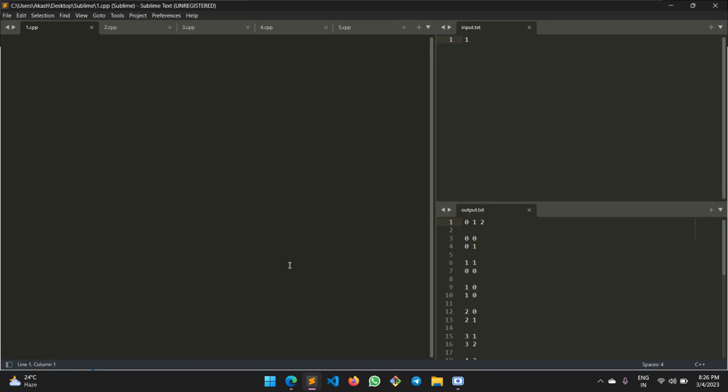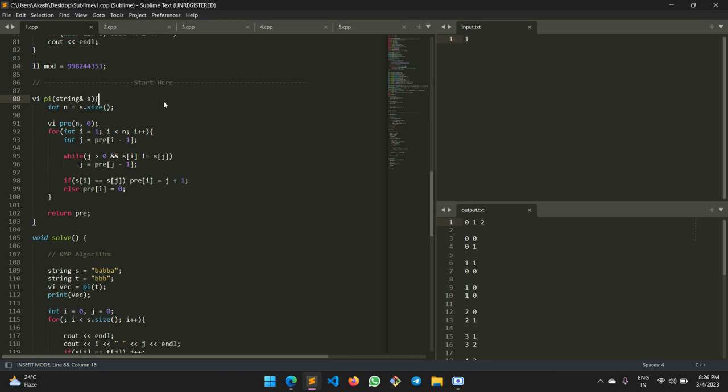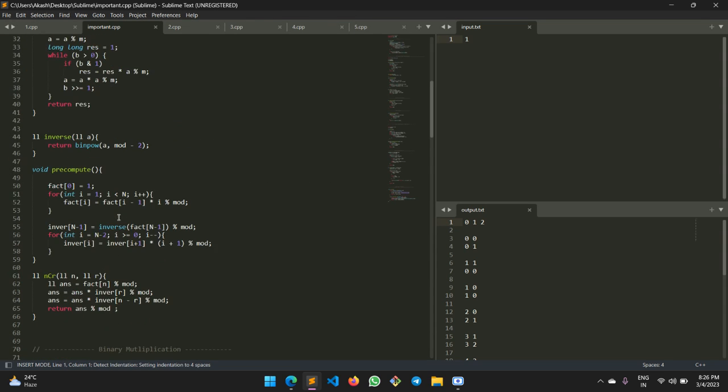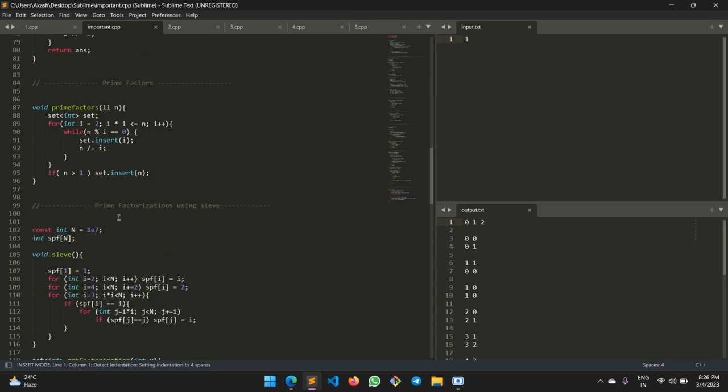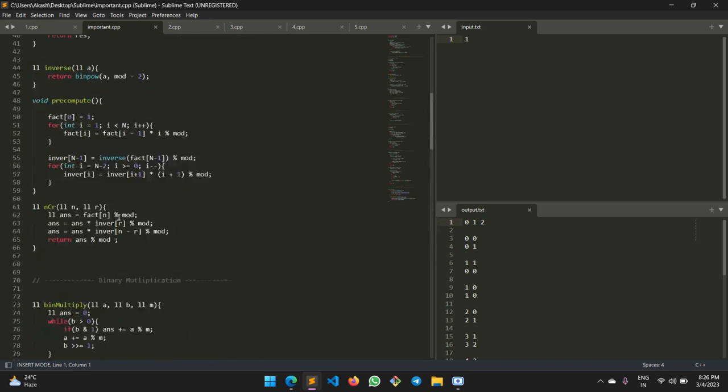सो आई थिंक मुझे अपना एक फंक्शन चाहिए, important.cpp, come on. Bin power is bin power.